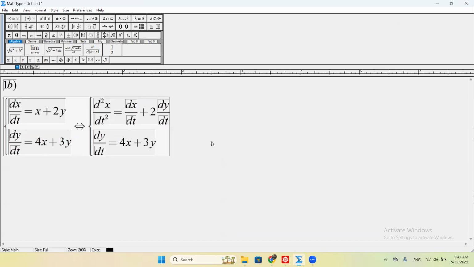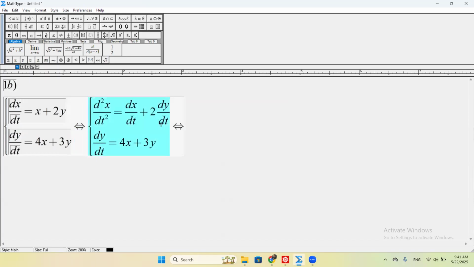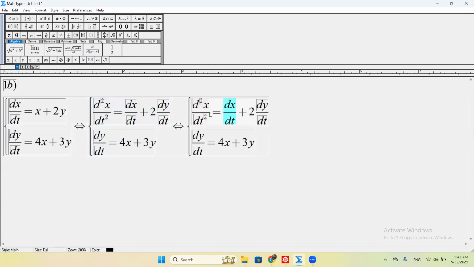Okay, found it. Now let's substitute. Let's move x to the other side, so minus dx by dt.